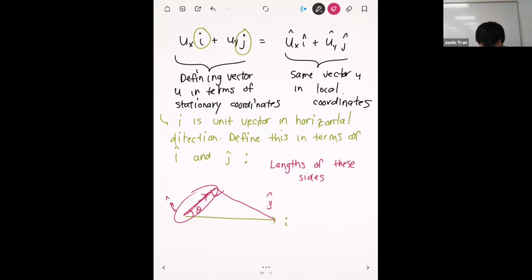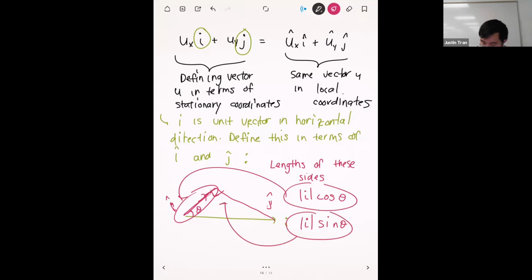For that near side, we have a length of I magnitude, which is the length of the hypotenuse of this triangle, multiplied by cosine theta. And then for the longer side, the side that appears longer here, that length is going to be I sine theta. And so this I cosine theta is the length of this side, and this I sine theta is the length of that side.